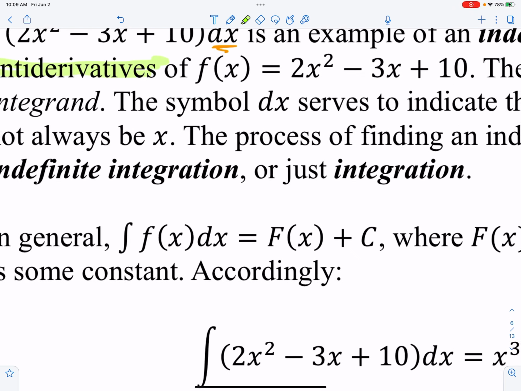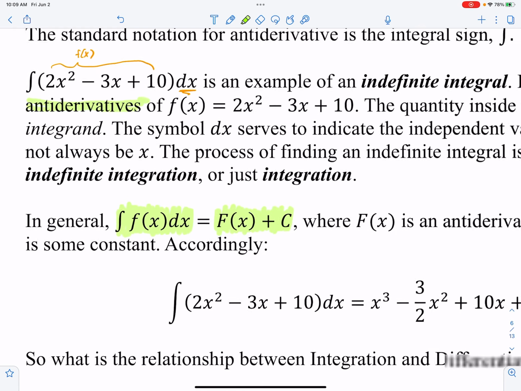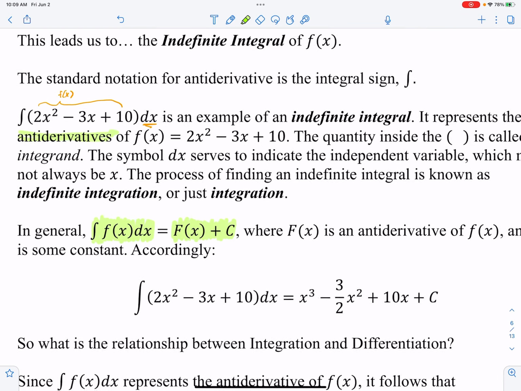So in general, this is important, the indefinite integral of lowercase f of x is equal to capital F of x plus c. So you think about finding the antiderivative and you put a plus c to represent that arbitrary constant, the fact that all antiderivatives differ by a constant.